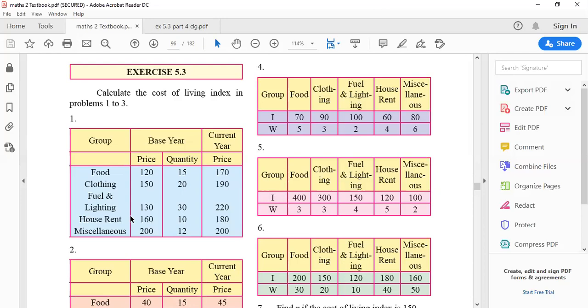Remember, in the first year we used to have commodities A, B, C, D, or 1, 2, 3, 4. But this time, can you see the names are completely changed? There is food, clothes, fuel, lighting, house rent, miscellaneous. These are all the basic necessities of our day-to-day life: food, clothes, electricity, house rent, and miscellaneous expenses.